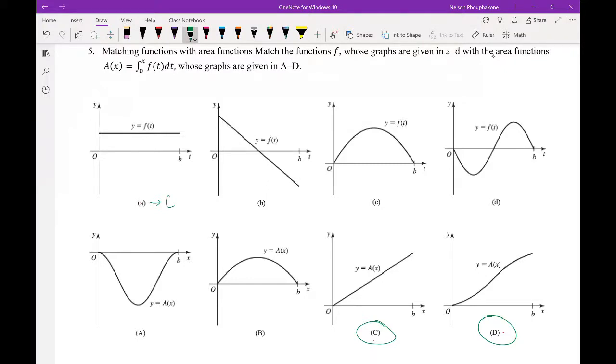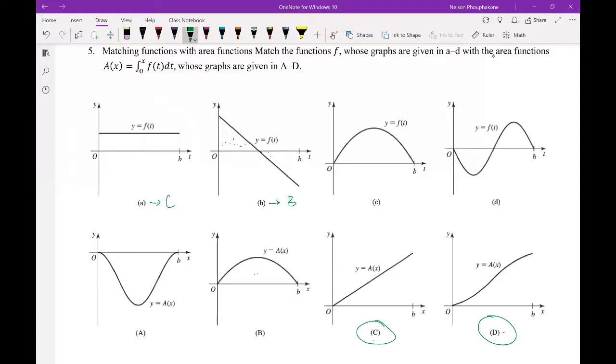Now let us look at this one. Again, the area is positive and increasing. However, the function decreases, so it goes from increasing to decreasing. In this case, probably B is the answer.